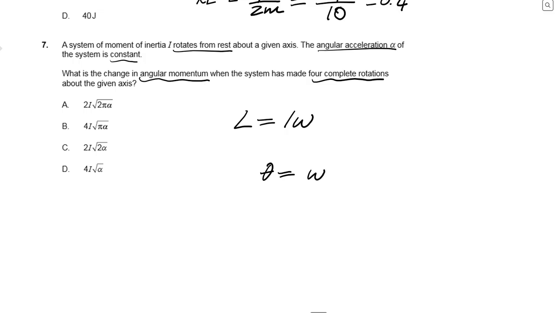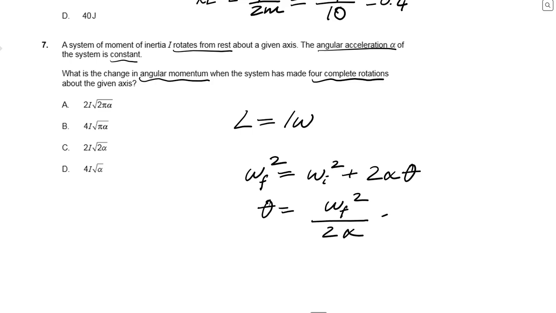So omega initial squared plus, sorry, different formula. We can use, I'll just write it straight, plus 2as, right? And a is our acceleration, s is our theta, right? So theta is equal to omega final squared divided by 2 angular acceleration. Sorry, that is what we're trying to find.